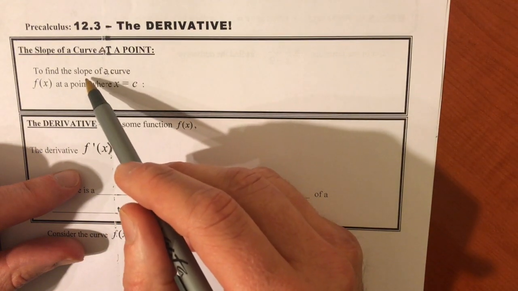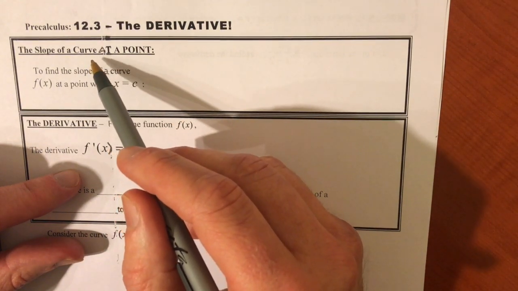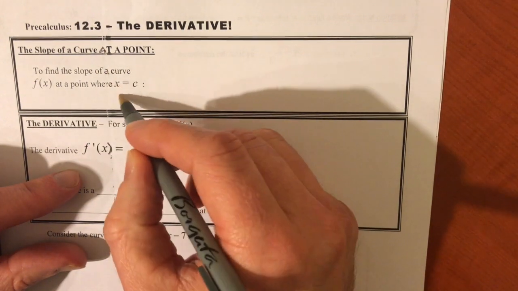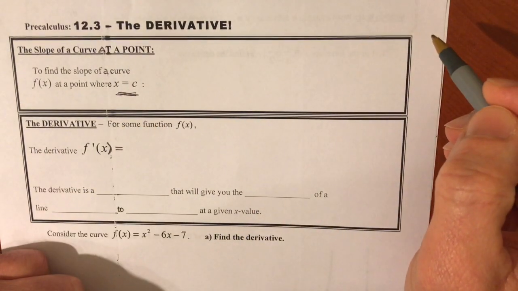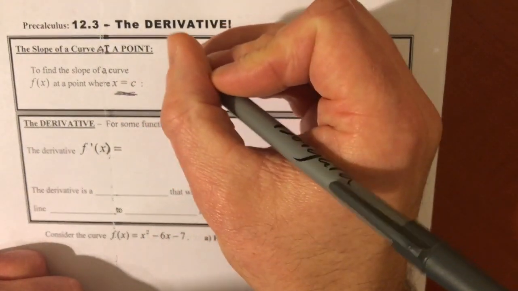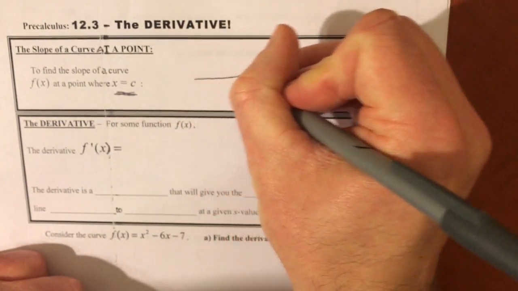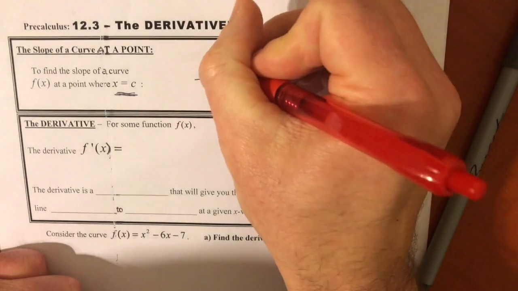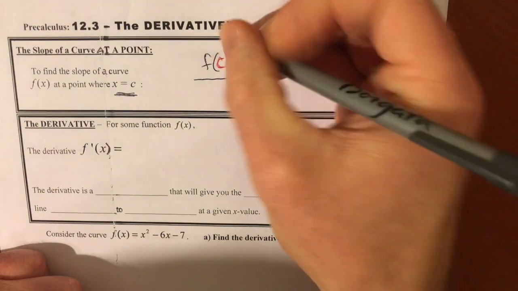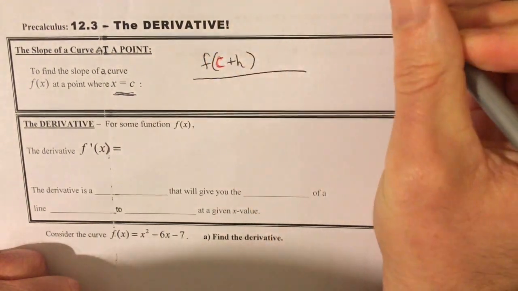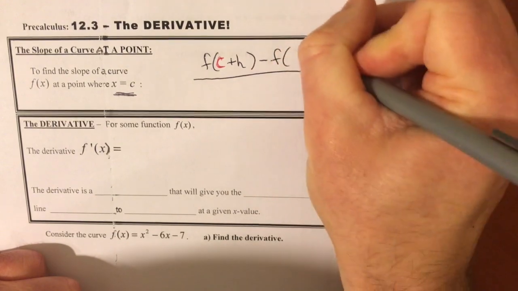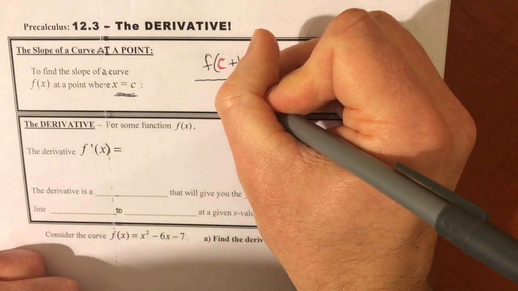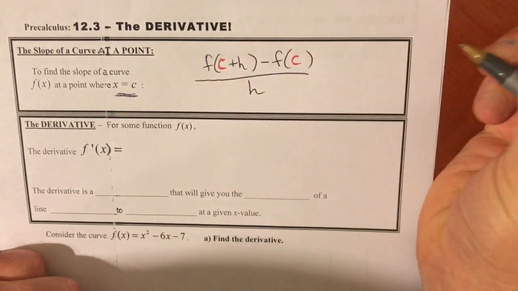So just to recap, what we've been doing to find the slope of a curve at a point, or the slope of the tangent line at a specific point, that point being x equals c, some number there. Here's what we've been doing, right? We've been setting up the slope between f of c, whatever that x value was that we wanted the slope at, f of c plus h minus f of c over c plus h minus c, which always left you with h, right?